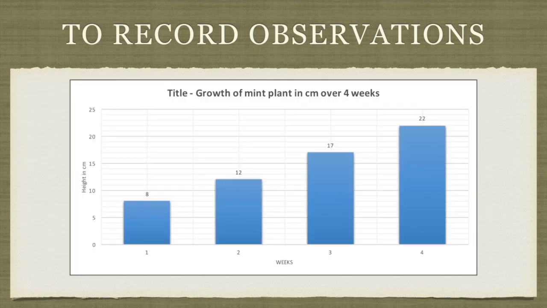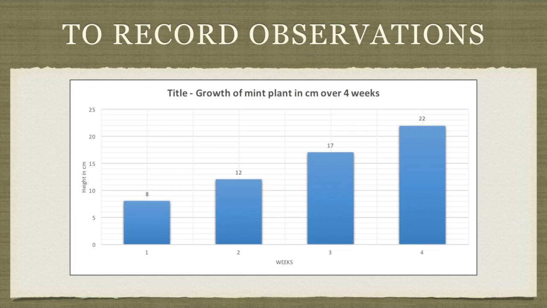Well, we could record the information by constructing a bar chart. So I have a title, Growth of Mint Plant in Centimeters over 4 weeks. So I've constructed a bar chart to show the increase in height of the mint plant over a period of 4 weeks. So we've got our 4 bars.